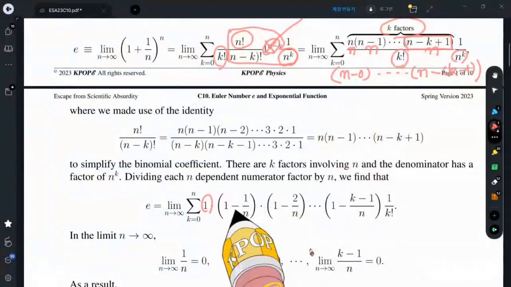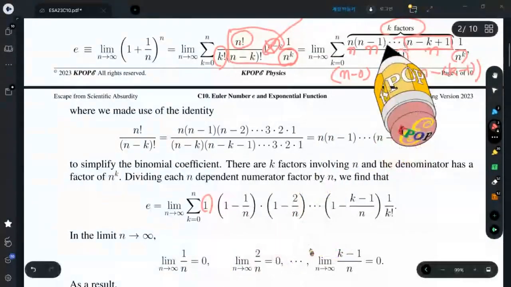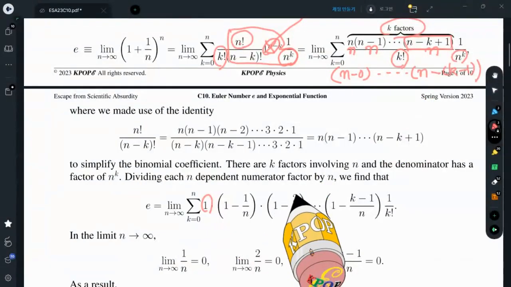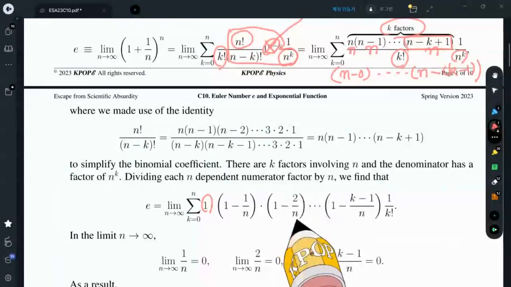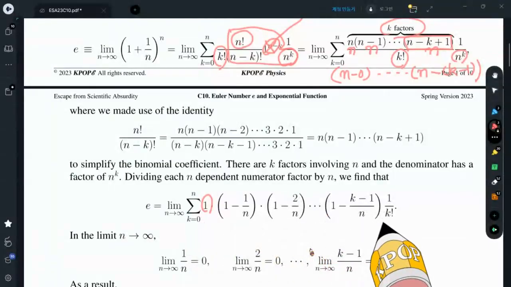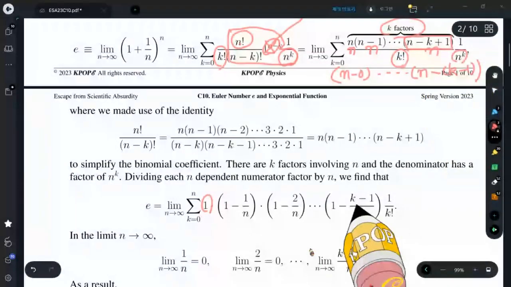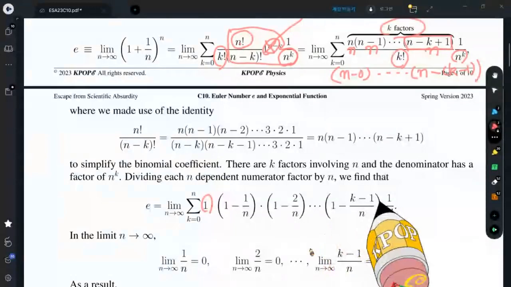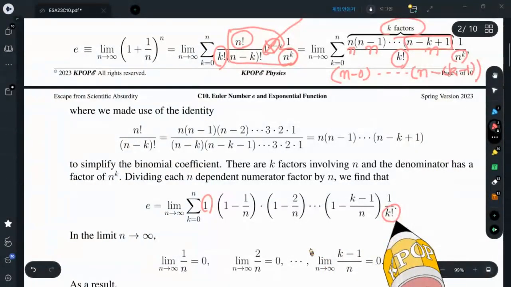This is 1 minus 1 over n, and then 1 minus 2 over n, and so on. Therefore, at the end of the day, the last factor is simplified as 1 minus k minus 1 over n. Still, we have k factorial in the denominator.